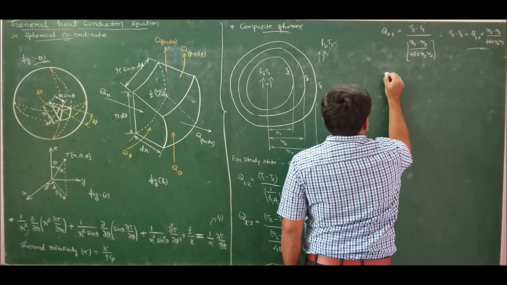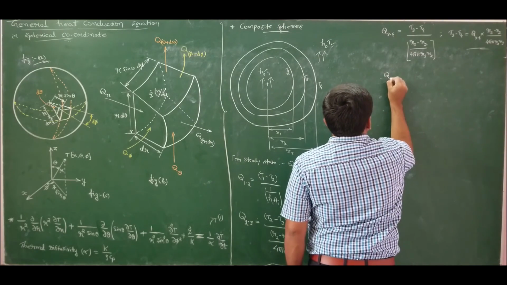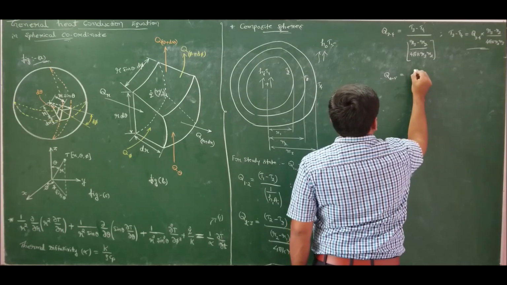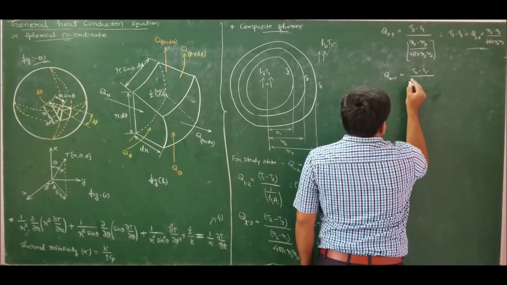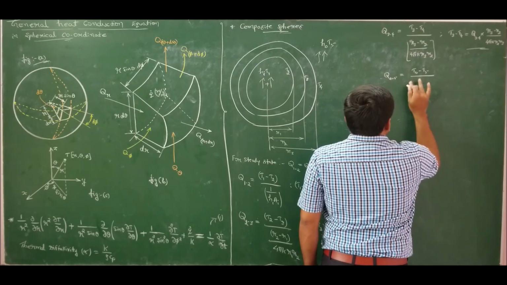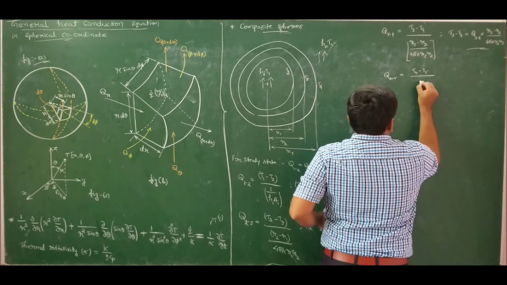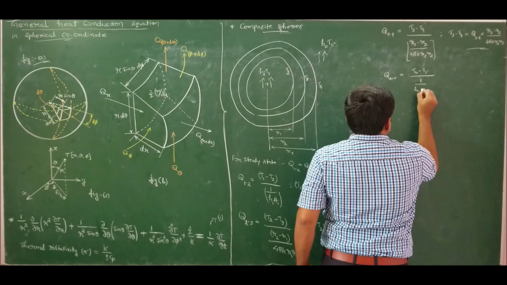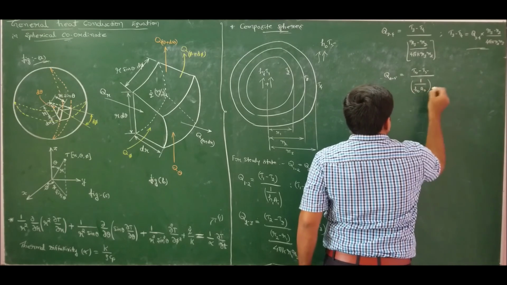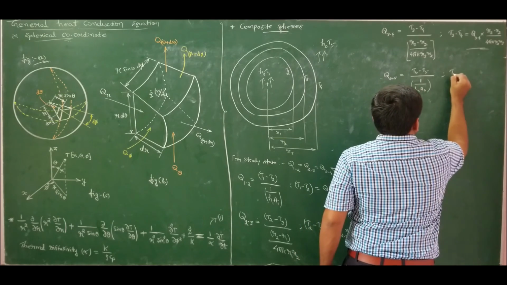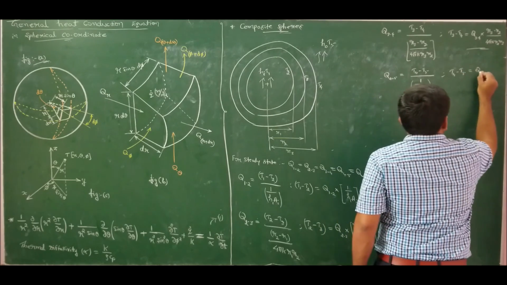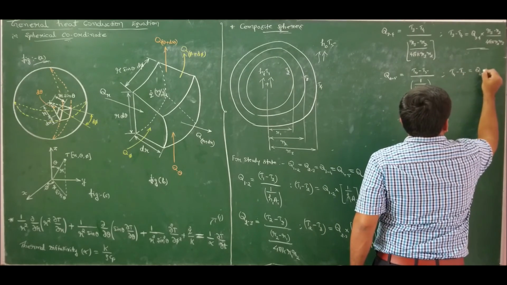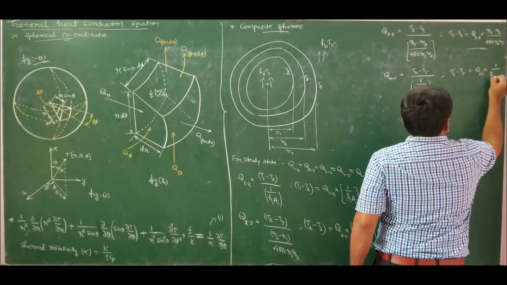Finally, we have the rate of heat transfer between surfaces 4 and 5, which is equal to T4 minus T5 divided by the convective resistance, 1 by H0 A0. Hence the temperature difference T4 minus T5 will be Q4 to 5 into 1 by H0 A0.